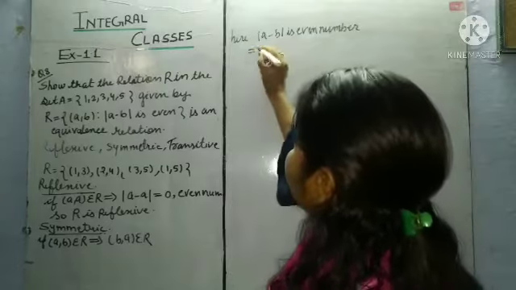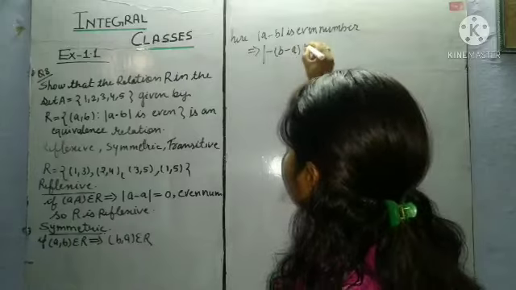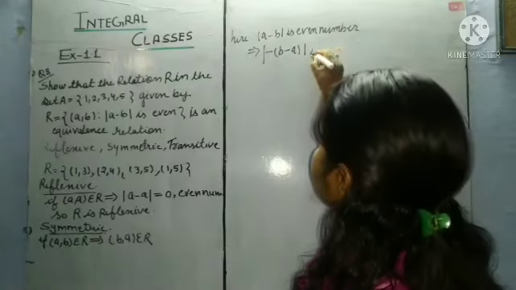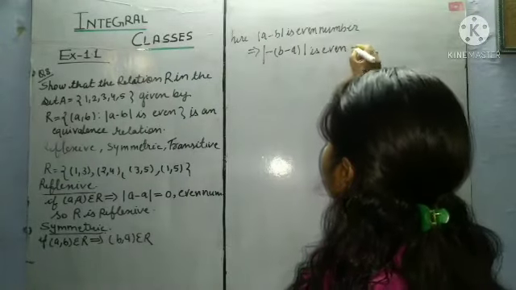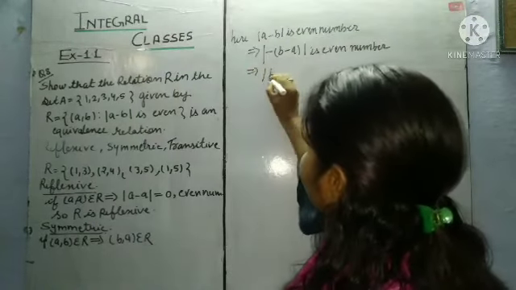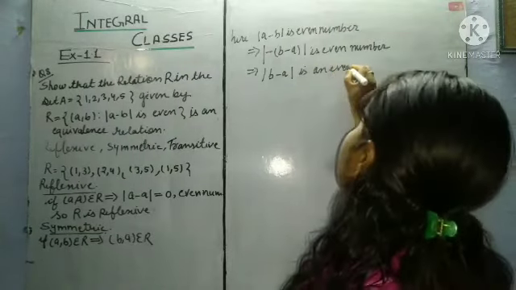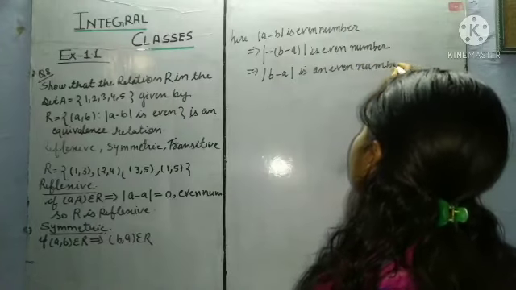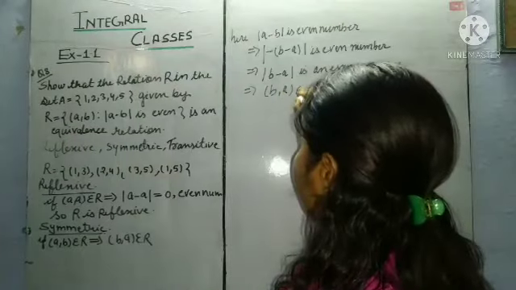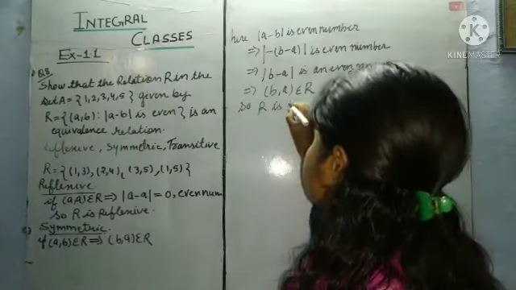So now we will take the minus sign outside of a bracket and write it like this: minus in a bracket (b minus a) is an even number. So b minus a is an even number. So this implies that (b, a) is an element of R. So students, R is symmetric.